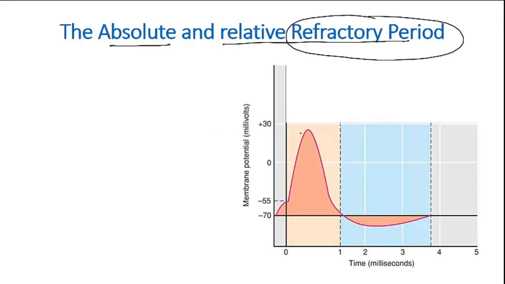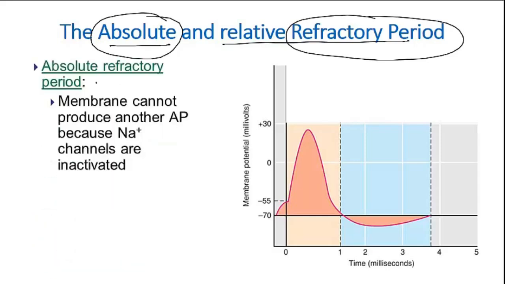There are two refractory periods that we know of. The first is the absolute refractory period. The absolute refractory period is when the membrane cannot produce another action potential because the sodium channels are inactivated for a while. Just after the neuron has generated an action potential, it cannot generate another one.